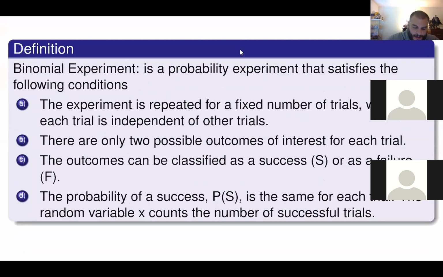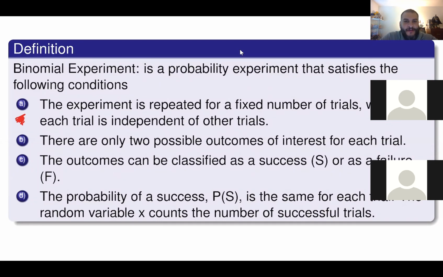If you look at the first part of the definition, where it says A, it says the experiment is repeated for a fixed number of trials, where each trial is independent of another trial. What that's saying is that they have to tell you how many times they're going to do the experiment. Take the scenario of flipping a coin.